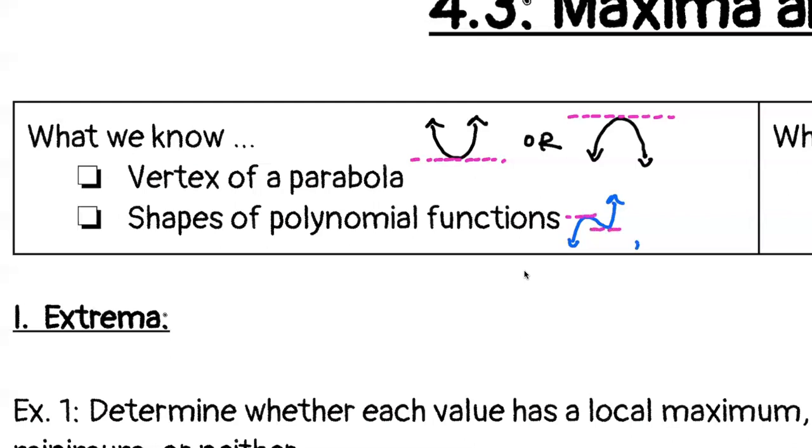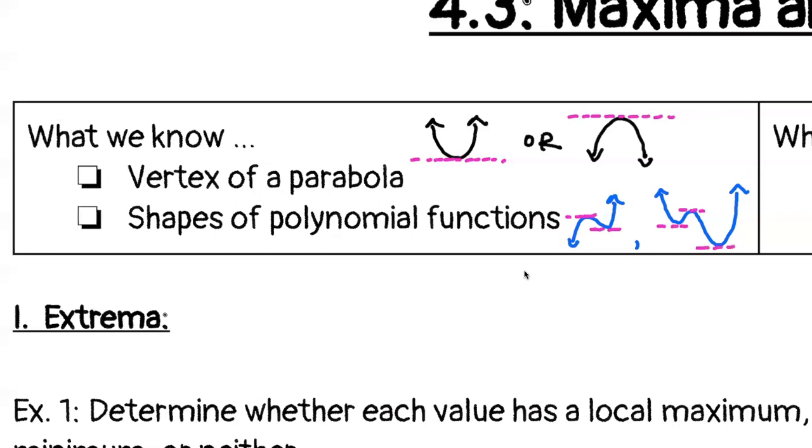With every degree that we go up, we gain an extra bump. So something like this could be a 4th degree polynomial. How many places on the 4th degree polynomial do we have a slope of 0? We have 3: 1, 2, 3.